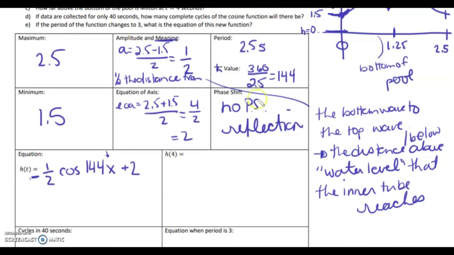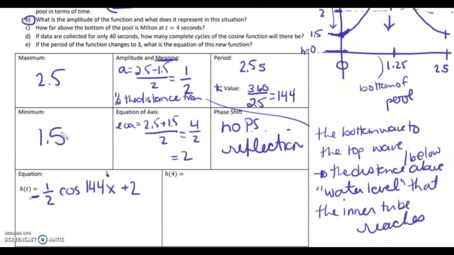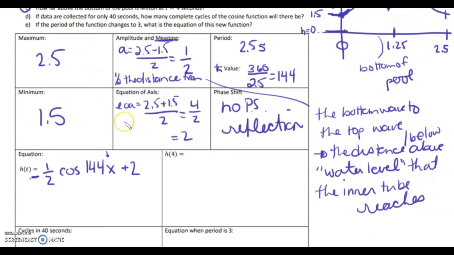Okay, part C asks us how far above the bottom of the pool is Milton at t equals 4 seconds. So all we're going to do is sub in 4 to where the t is. I get negative 1/2 cos 144, and then I'm going to sub in 4 there. Okay, remember 144 times 4.